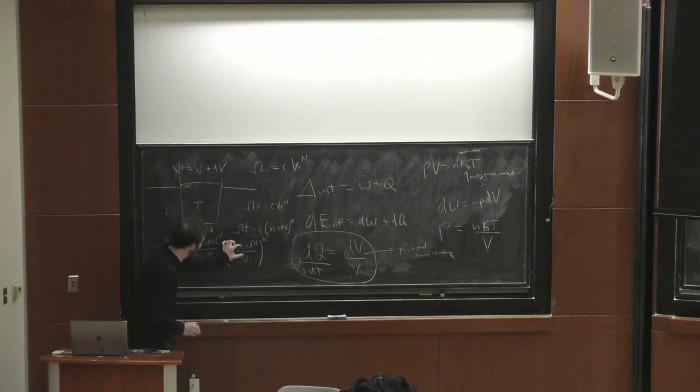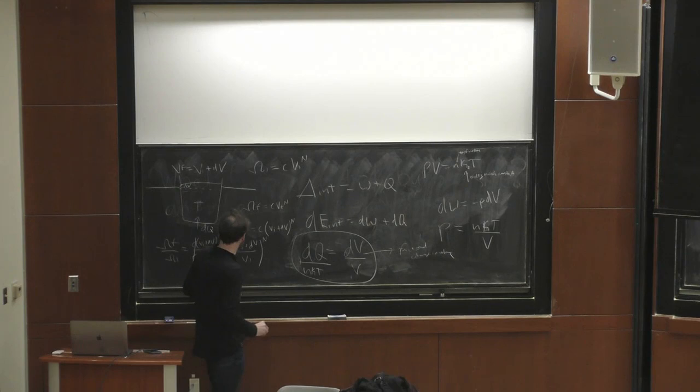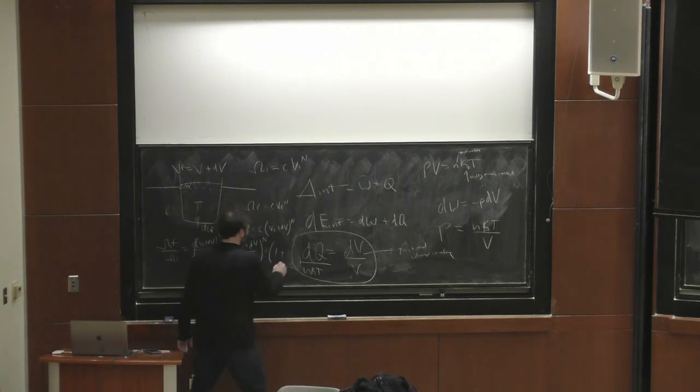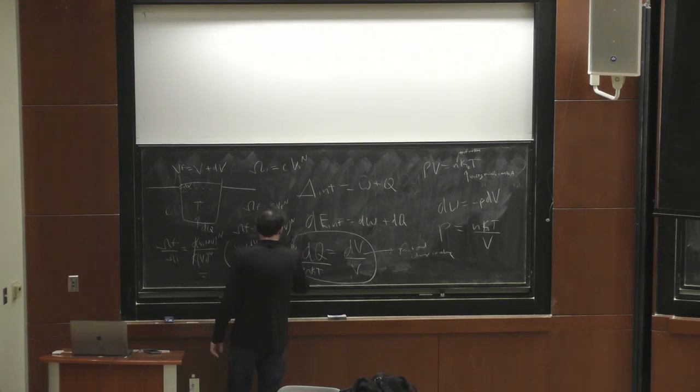And then I can rewrite this fraction as being equal to, let's see, it's 1, because we have VI over VI, so this is equal to 1 plus dV over V to the n. Sorry, that's a little bit messy. 1 plus dV over V to the n.